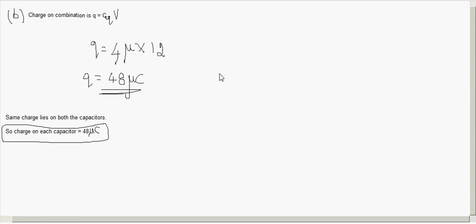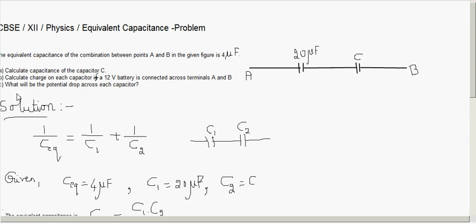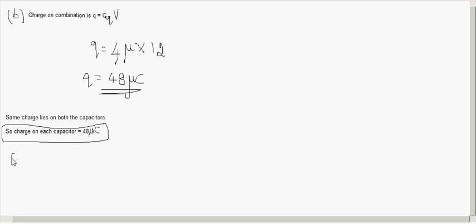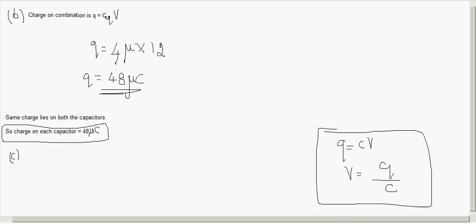Now the last question is, what will be the potential drop across each capacitor? We know Q is equal to CV. So V is equal to Q by C. Let us use this formula. First you find out potential drop across 20 microfarad capacitor.